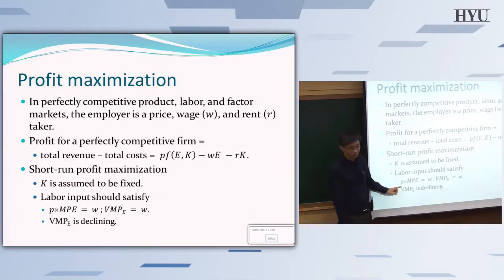Actually, there is another implicit condition which is actually important. VMPE must be declining. This should be satisfied at the point where the VMPE is declining. If VMPE is increasing, then this is not the profit maximizing condition. Why?